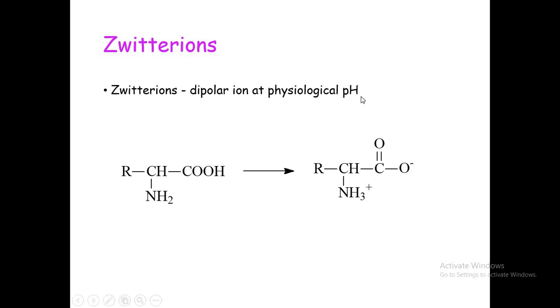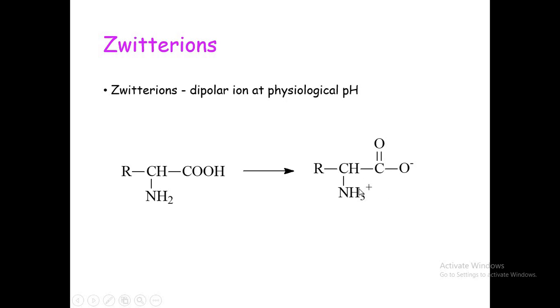At physiological pH, if we have an amino acid, you can see here it has an amino group, a carboxylic group, a hydrogen atom as the 3rd valency, and an R group as the 4th valency. This amino acid can have 2 charges at physiological pH: the positive charge of the amino group and the negative charge of the carboxylic group.